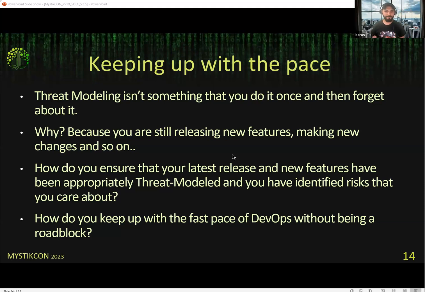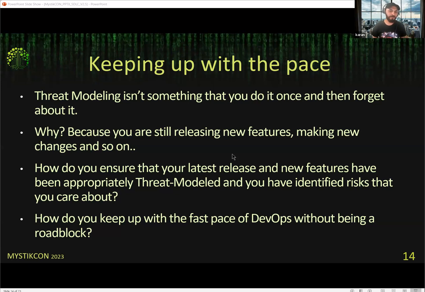Yeah, I think it's great, the points that you've covered. And yeah, just for a bit of a recap, keeping up with the pace is super important. And the reason is that most of the organizations that we deal with day to day are adopting DevOps practices. With DevOps practices, the pace of releases that they're doing to their products is very, very rapid. That means some companies are doing multiple releases per day.